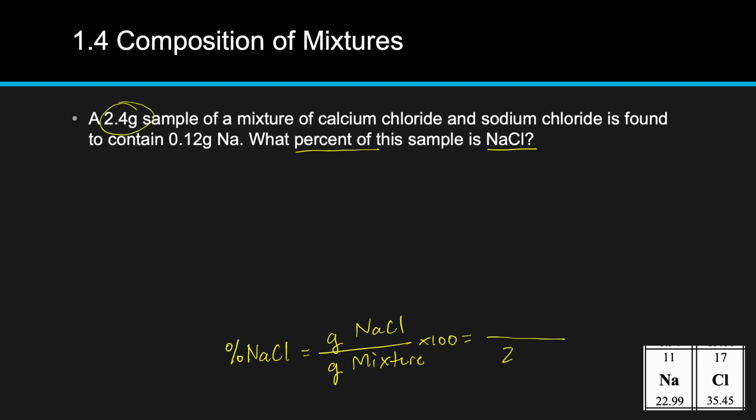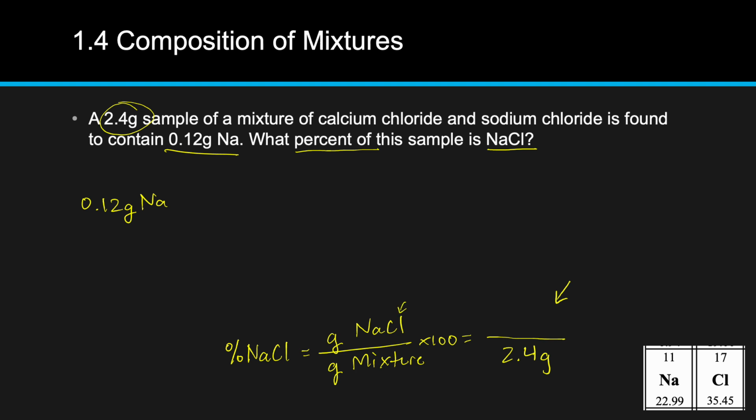So I already know the bottom, or the denominator, of this equation is 2.4 grams. What I'm solving for here is the numerator, or the grams of NaCl, and I can get that by using stoichiometry. What I'm given is 0.12 grams of sodium, and I need to get grams of NaCl.